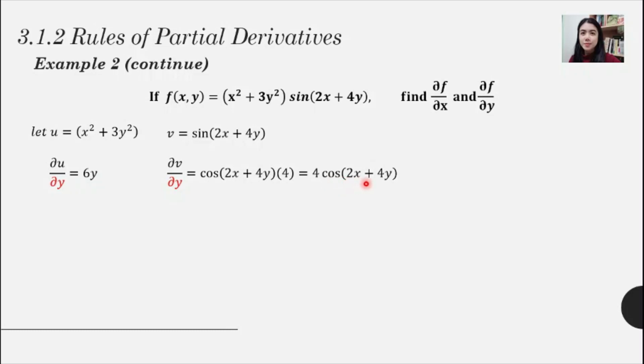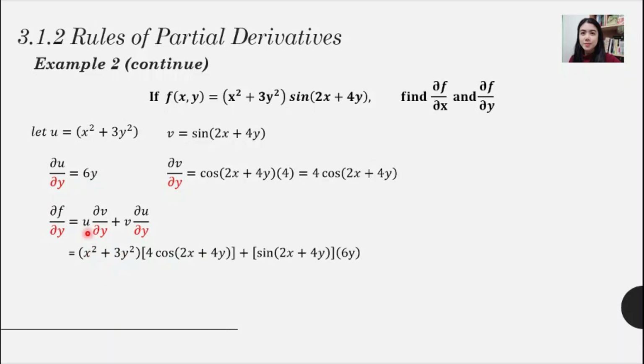Now use the formula. So del f del y is actually going to give you u del v del y plus v del u del y. Okay, we have to be careful with the formula. If this is del y, here also del y. So now we're going to do the substitution. This is the u, so substitute here, and del v del y.